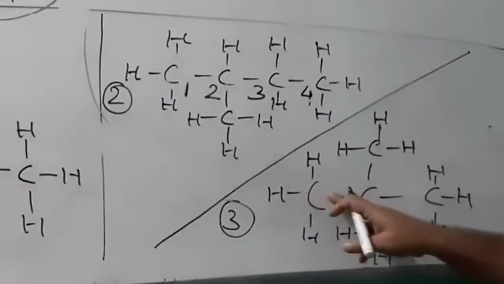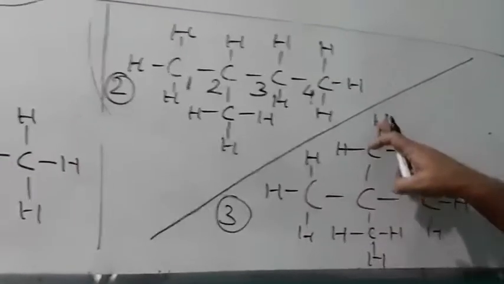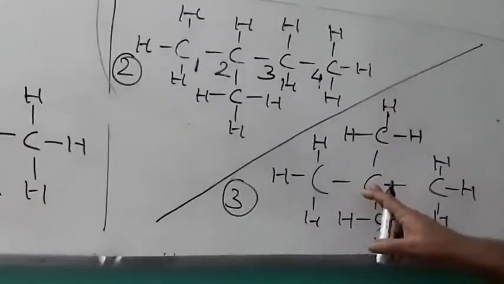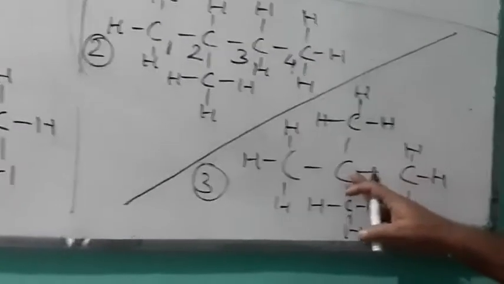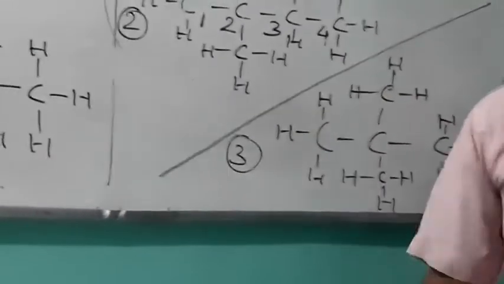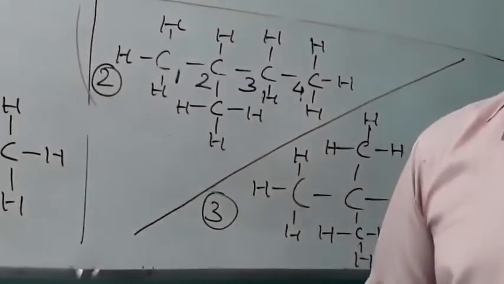They are not in a straight chain. You see 1, 2, 3, so 2 carbons are left. Again 1, 2, 3, and 2 carbons are left. So the left carbons are considered as branches.